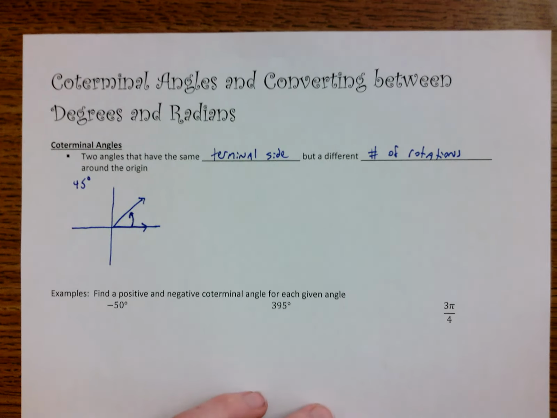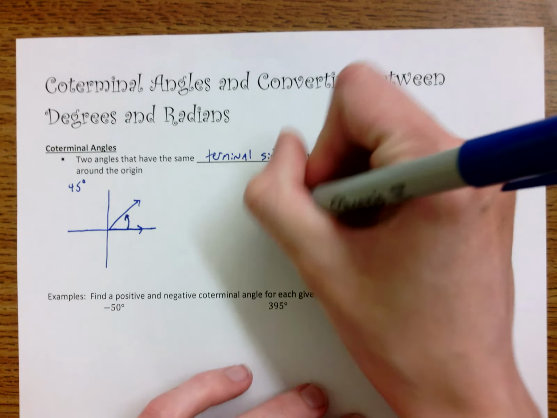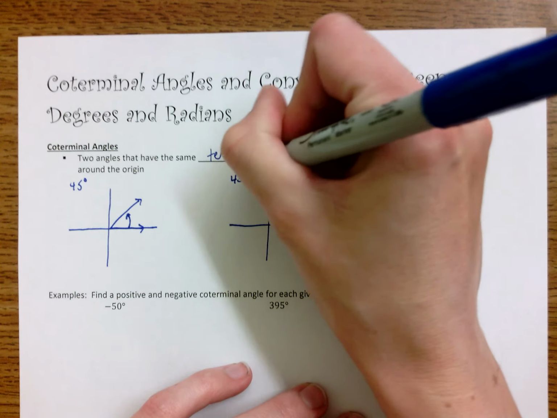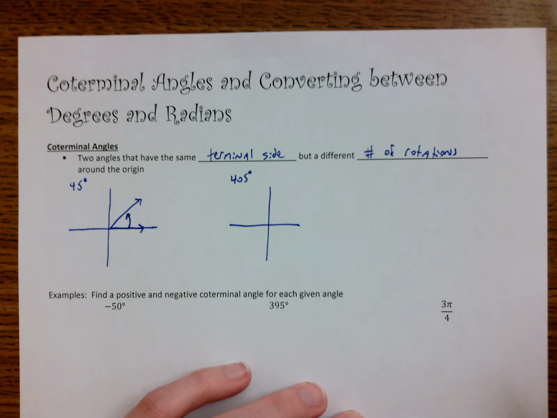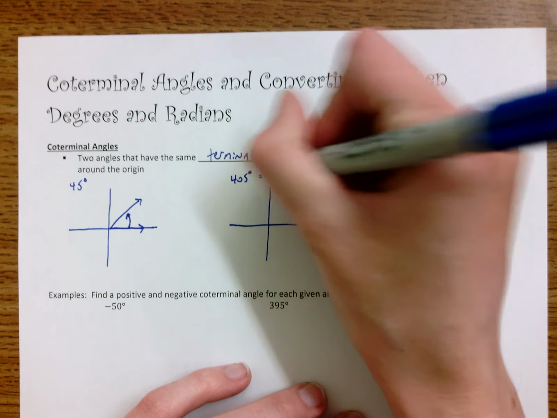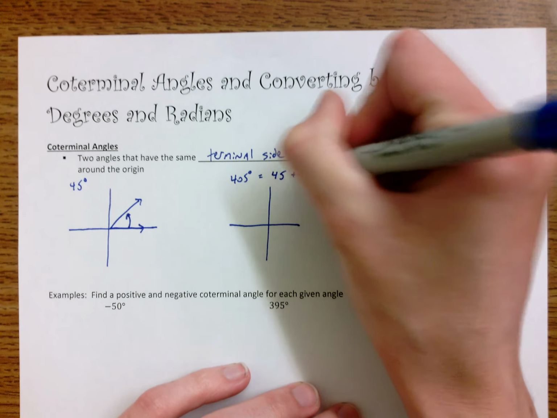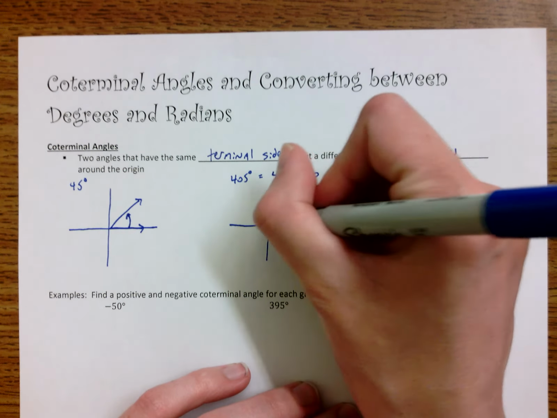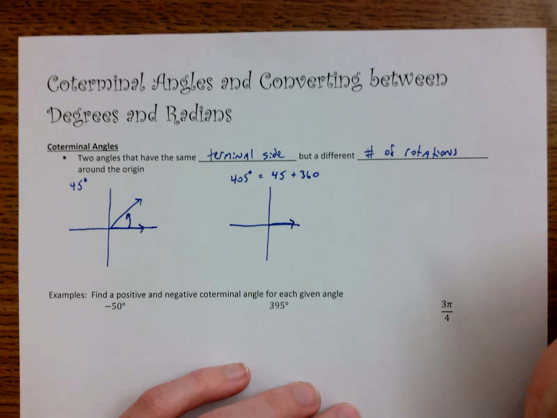An example of an angle that would be coterminal with a 45-degree angle would be a 405-degree angle. Okay, and it's a 405-degree angle because 405 is 45 plus 360. It's an extra rotation around the circle. So when I go to do this, here's my initial side.